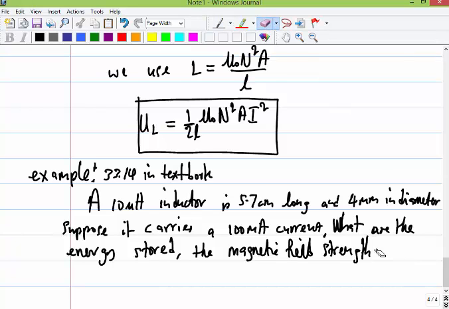Let me add energy density to it. So the magnetic field strength and the energy density.